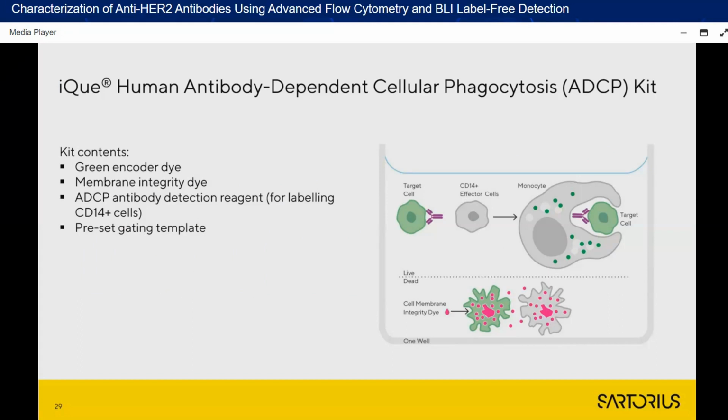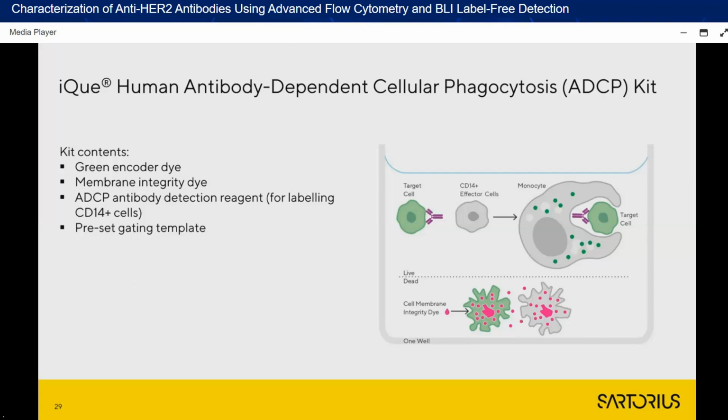Next, we wanted to have a look at the ADCP activity of the antibodies, and so use the iQue ADCP kit. So this relies on measuring the co-localization between your target cells and phagocytic immune cells. And so in this case, we set up a co-culture of PBMCs at a 20:1 effector to target ratio with the AU565s.